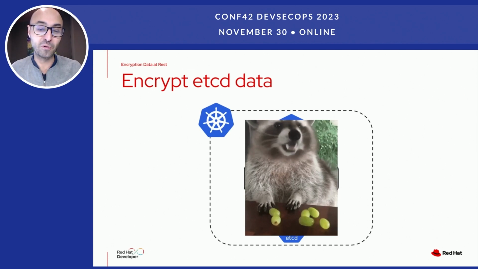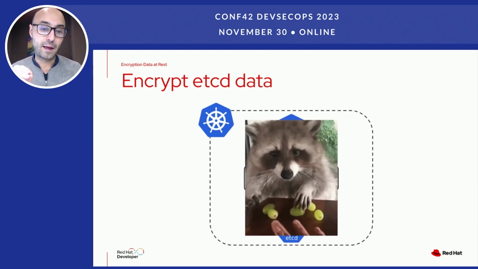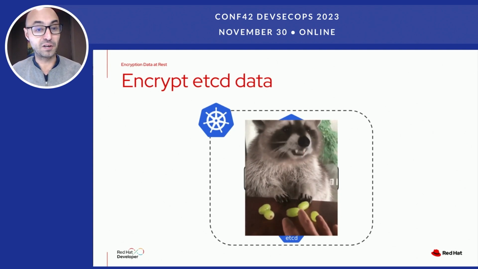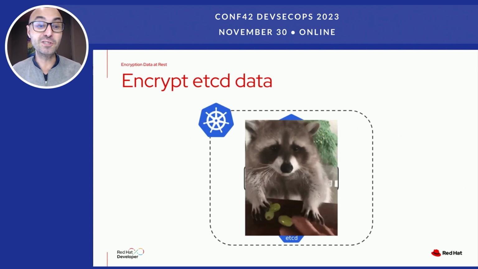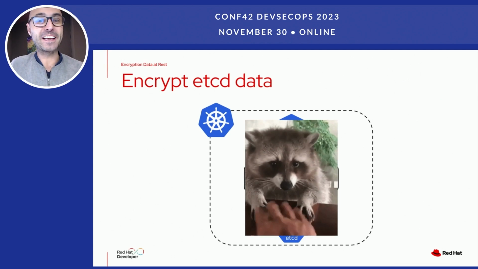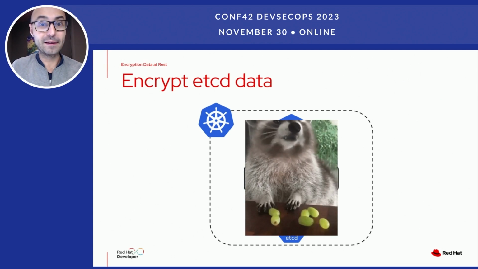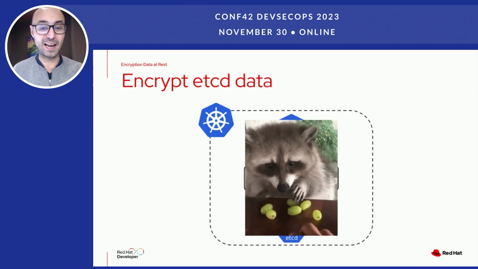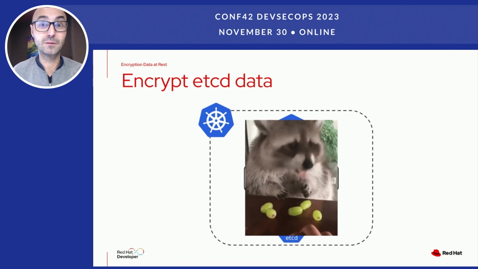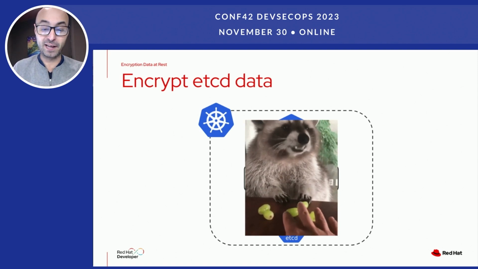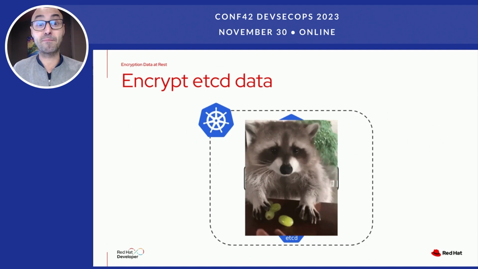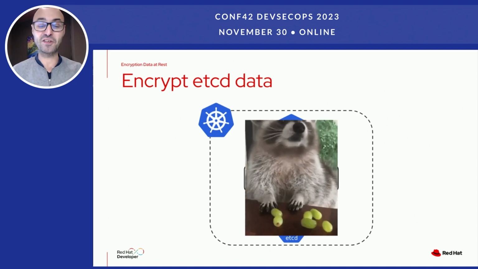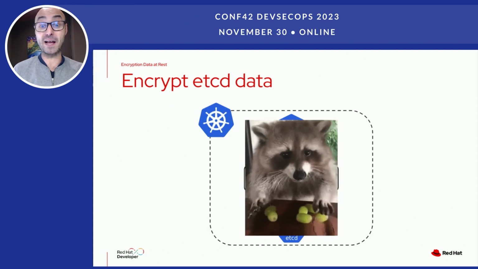Well, this is not entirely true, because there is a problem. etcd is where we store the encrypted secret, but in etcd we're also storing the keys for decrypting the secret. So what happens if an attacker gets access to etcd? They will get the secret and the private key to decrypt it. So everything is there. I can decrypt the secret. Thank you very much, right?